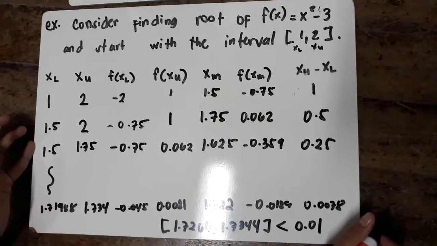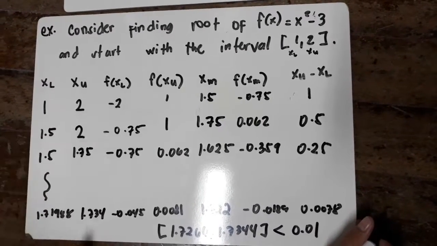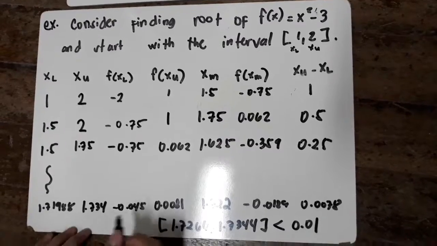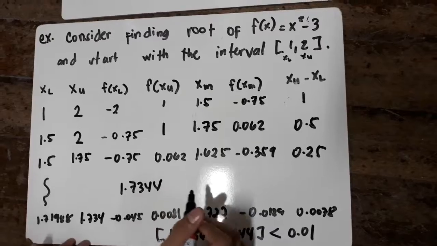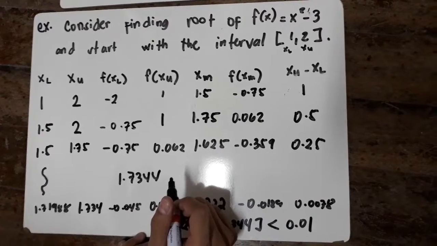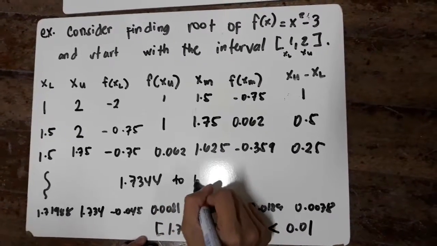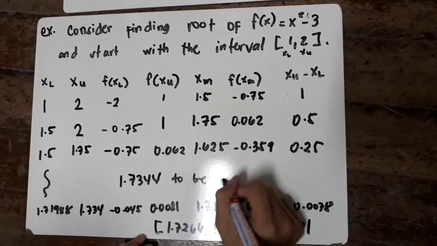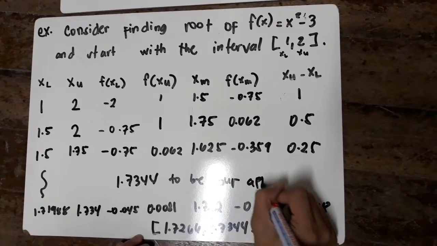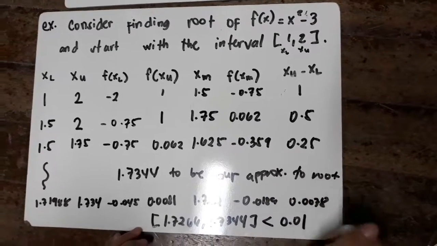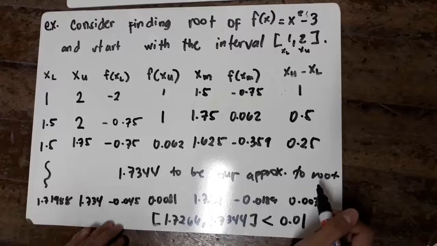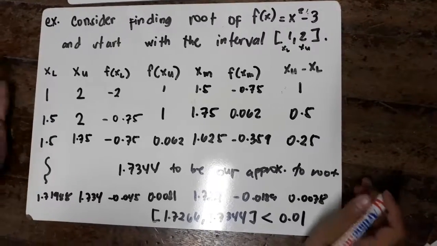So therefore, we choose b at 1.7344 to be our approximation to the root. So we find the approximation of the root in the 7th iteration. So that's all for today.